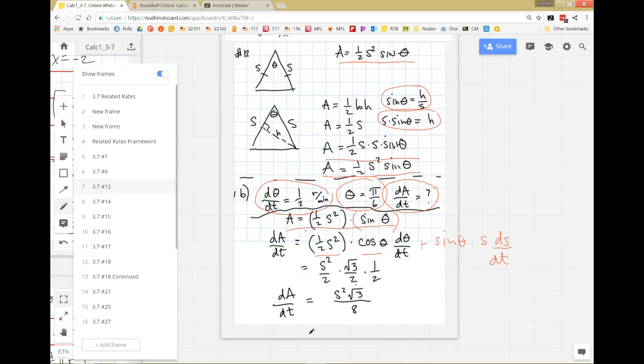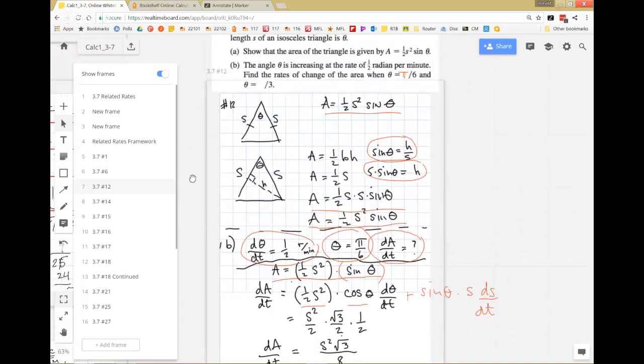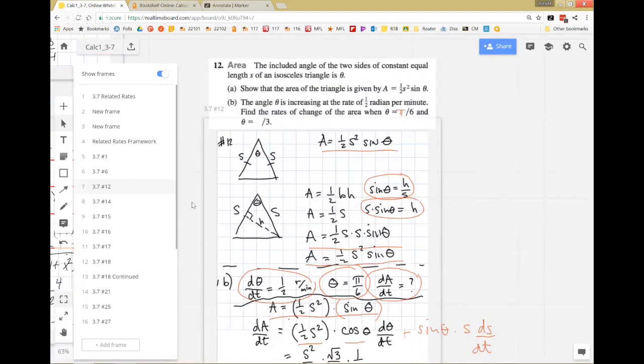So let's see what I wrote down here. S squared over 2. Yeah, I don't have enough given information to do this either, because we don't know what ds dt is, do we? I don't think they ever gave that to us. Let me look at the problem one more time. The angle is increasing at a rate of 1/2.